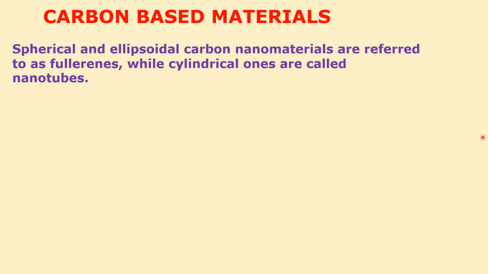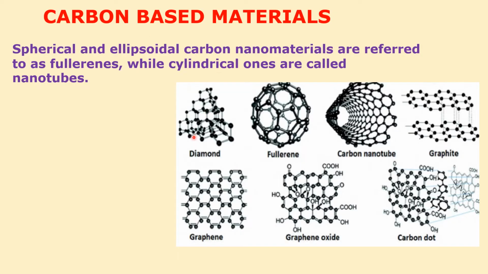These carbon-based materials have several applications, and according to their arrangements, we can see fullerene has this kind of structure, that hollow sphere, and this kind of tube-like structure is known as carbon nanotube. Graphite and graphene have carbon atoms in a sheet arrangement, and there is also graphene oxide.